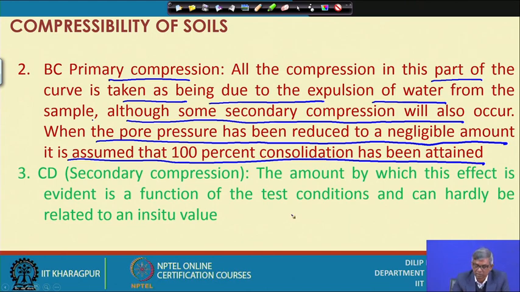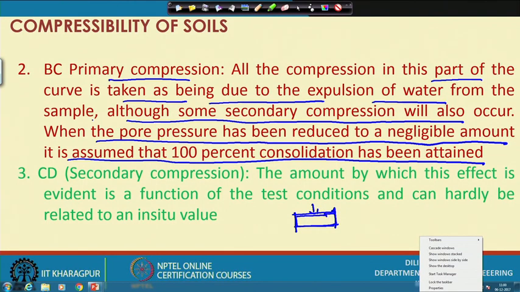That means, in the consolidation setup, you have applied load, and by definition, completion of consolidation is what? When you apply the load, pore pressure will develop within the soil, and when we keep it for a longer time, pore pressure will dissipate, and slowly the excess pore pressure will be reduced. When the excess pore pressure comes to 0, that time we say it is a completion of consolidation.